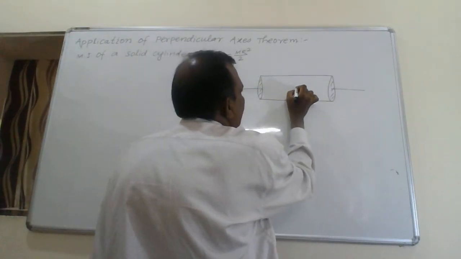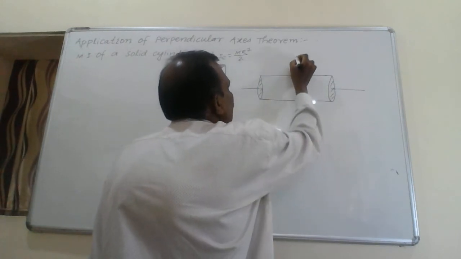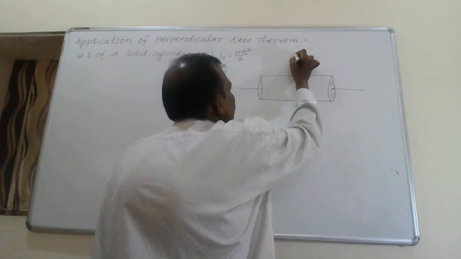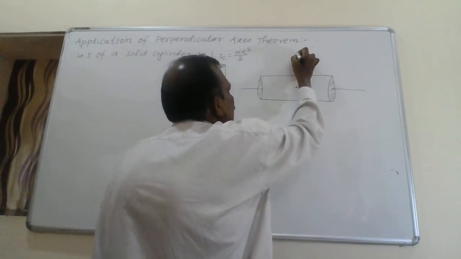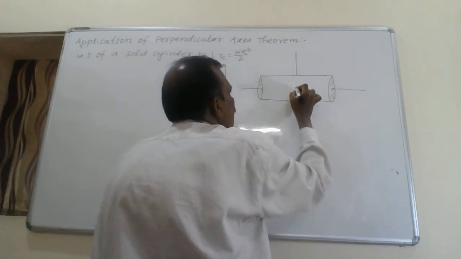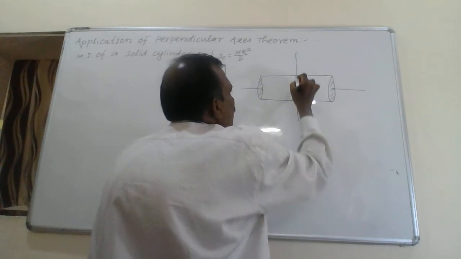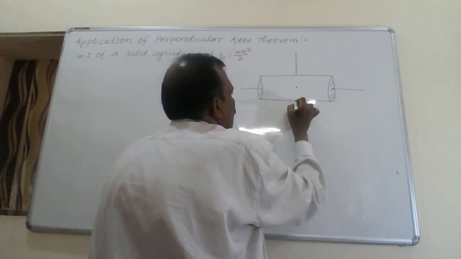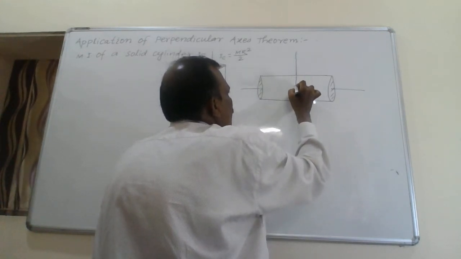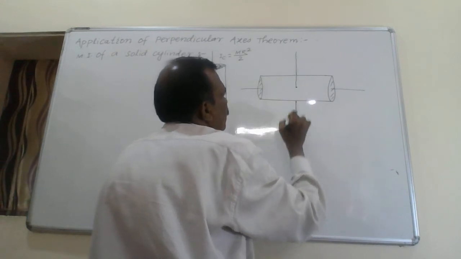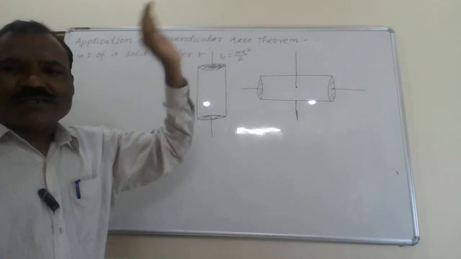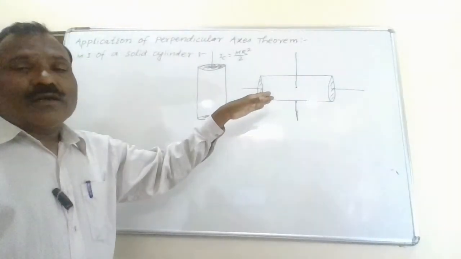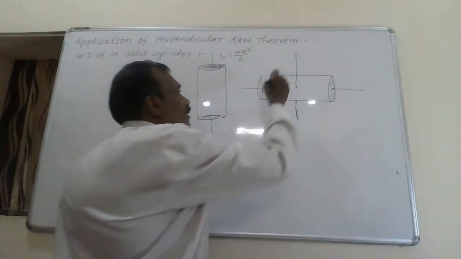Now this is our center of the cylinder, and this is the axis which is perpendicular to the length of the cylinder, like this. So this is the axis perpendicular to the solid cylinder. Now let us try to obtain here the moment of inertia of the solid cylinder about this axis.